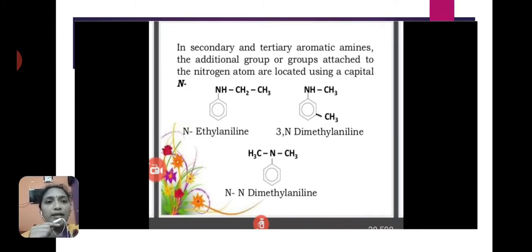Here in aniline, one of the NH hydrogens is replaced by an ethyl group, then it is called N-ethyl aniline.